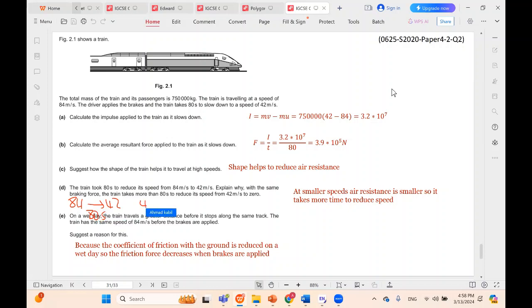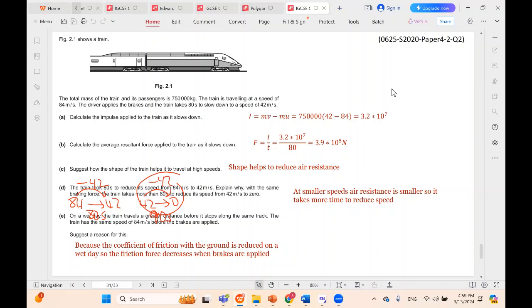But to go from 42 to 0, it takes more than 80 seconds. For example, it takes 90 seconds or 100 seconds or whatever. So why would that be the case, even though the change in both cases is minus 42? Why would this case take more time, even though the same braking power is applied?